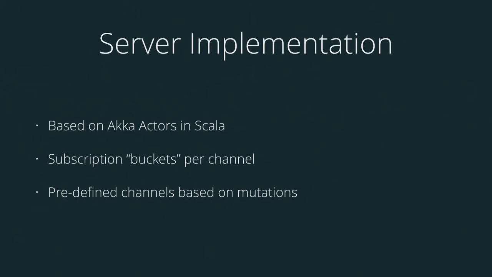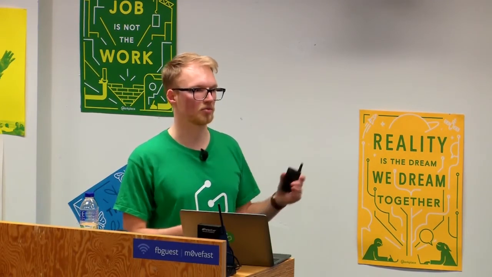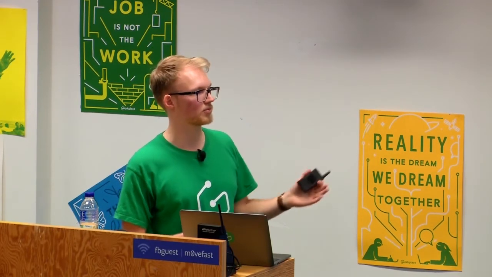We have these subscription buckets per channel. And in our domain, we create predefined channels based on every type, based on every mutation. So we've seen for the subscription we previously subscribed to, with message, you can filter by the mutation type, whether it's created or updated or deleted.